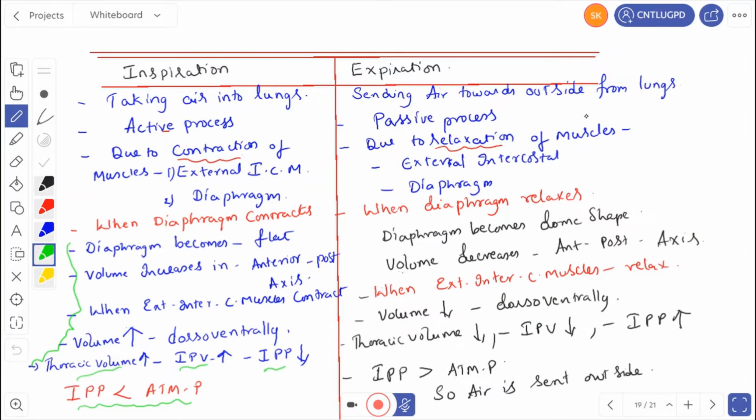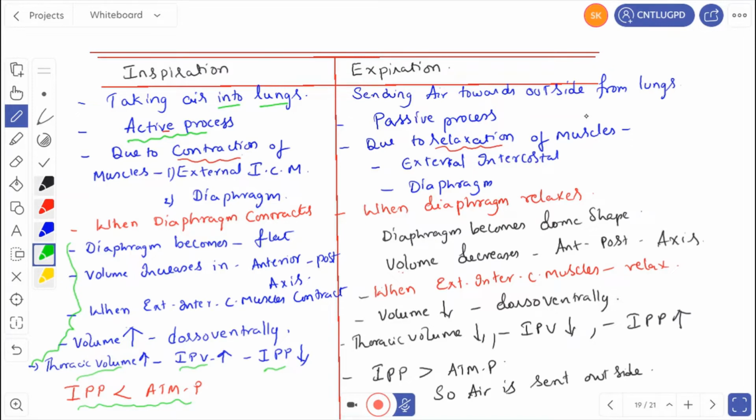Inspiration and expiration. What is meant by inspiration? Taking air into the lungs is called inspiration. Inspiration is an active process. Why is it an active process? Because here the contraction of muscles occurs. If contraction of muscles occurs, some energy is utilized.